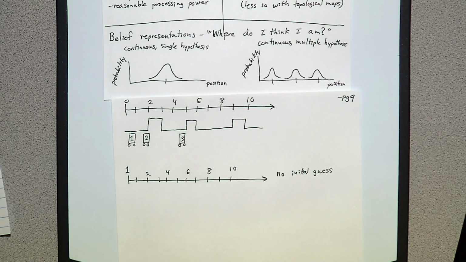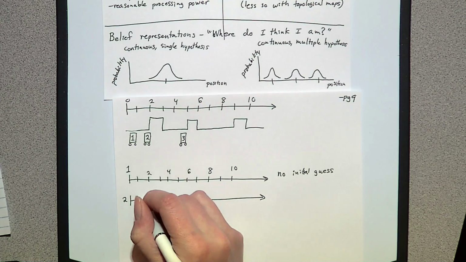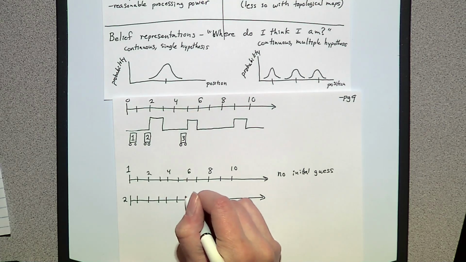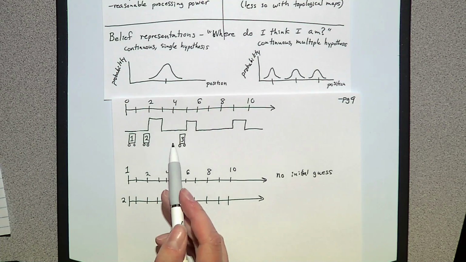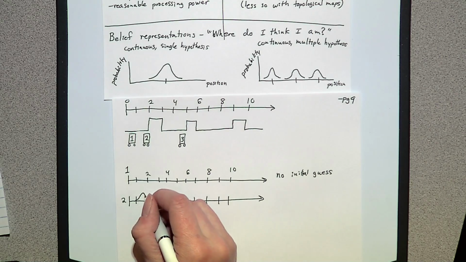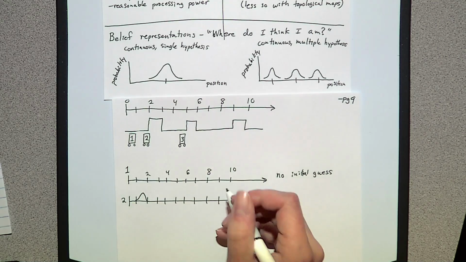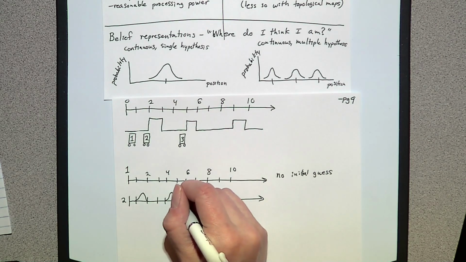And then we move a little bit and we see the edge of the door. Right? And so now when we're at position 2, we see that we're at the edge of a door, so there's a chance that we're somewhere before 2. But there's also a chance that we're somewhere before 5.